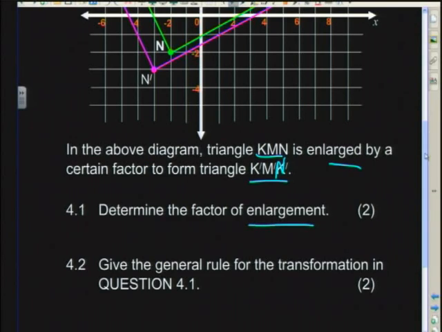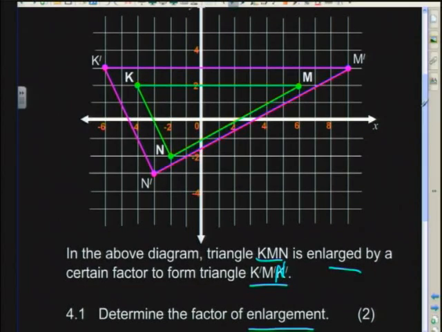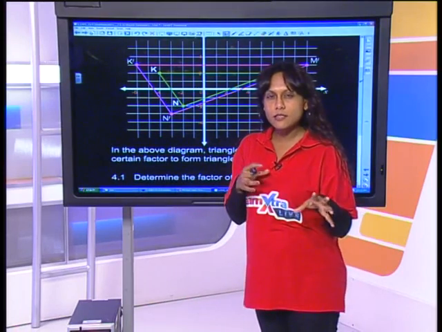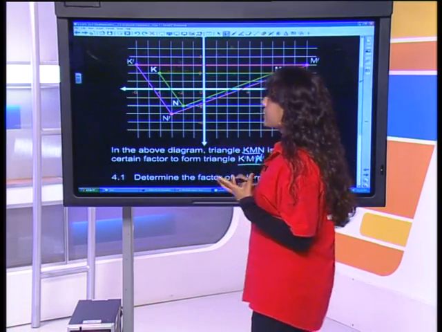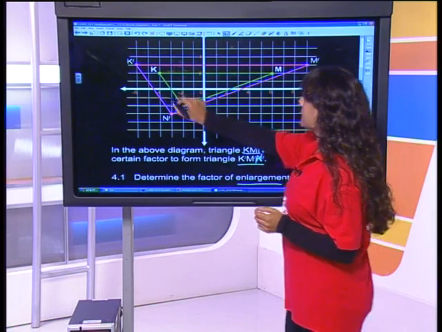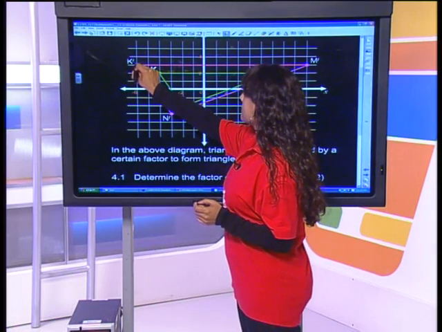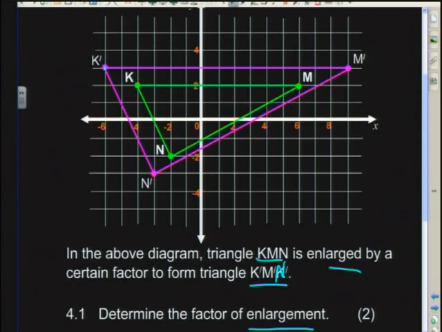Now, there are different ways that you can do this. You can use any side of the triangle and compare the lengths, and you can work out the factor of enlargement. What I'm going to do is use side K prime, M prime.